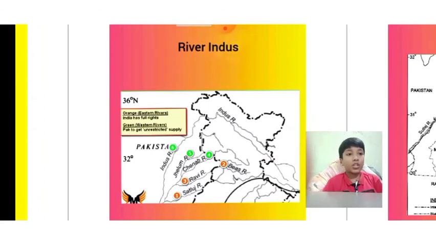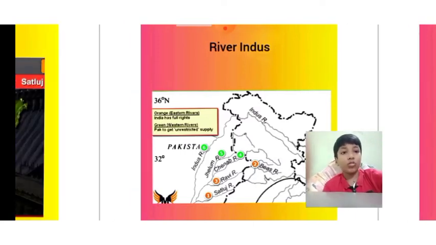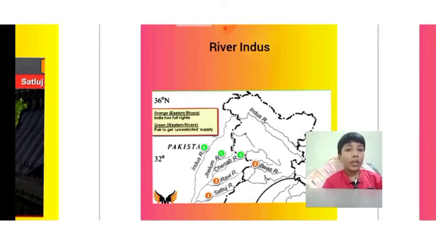In Pakistan, the river will divide into 5 tributaries and go down, and before entering the Arabian Sea, all the rivers will join and form Indus and go to the Arabian Sea.